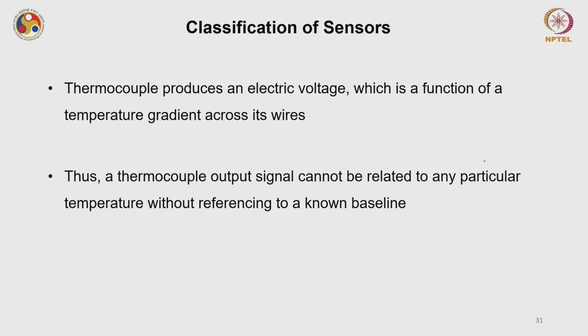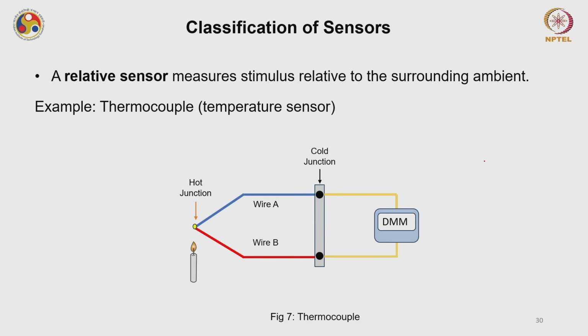Therefore, a thermocouple output signal cannot be related to any particular temperature without referencing a known baseline. So the baseline is very crucial for relative sensors. Most of the optical sensors that we are going to discuss in this course will be relative sensors.